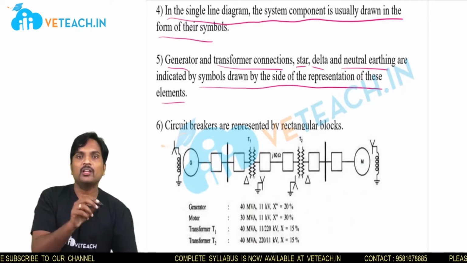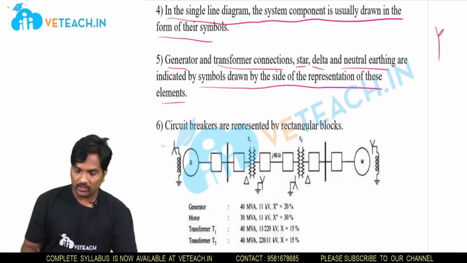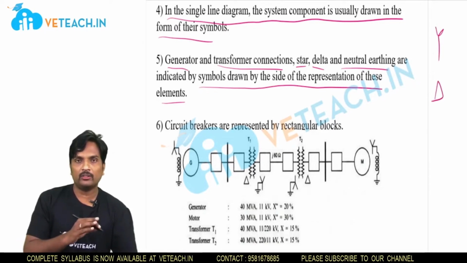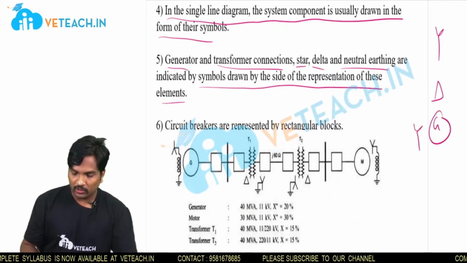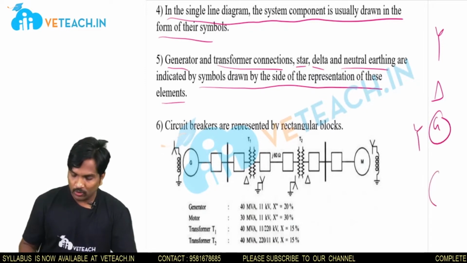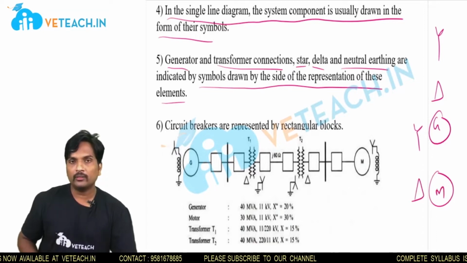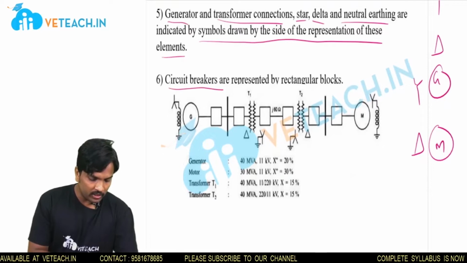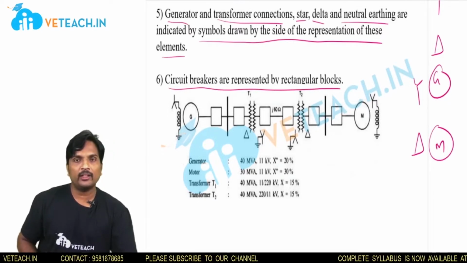For a generator, a star connection we represent like this. If you have a motor with delta connection, we represent like this. And circuit breakers are represented by rectangular blocks.